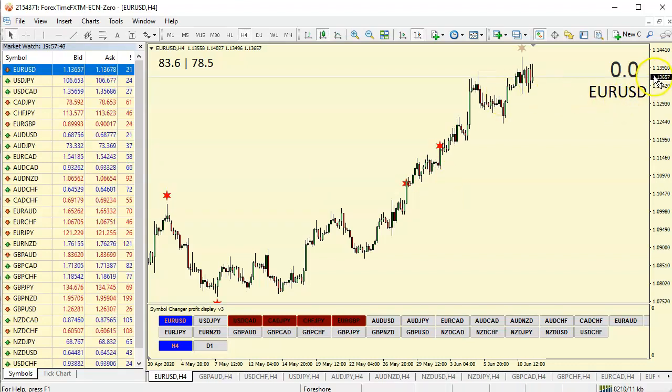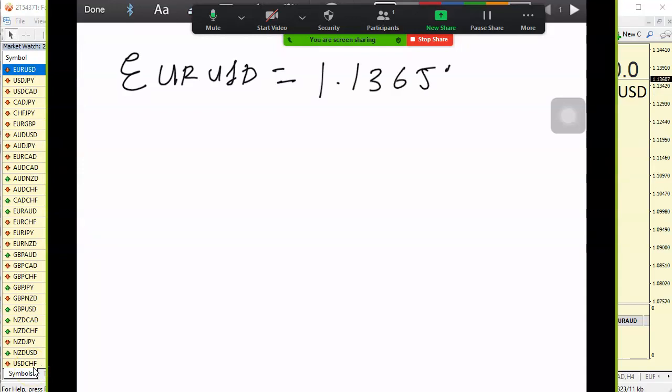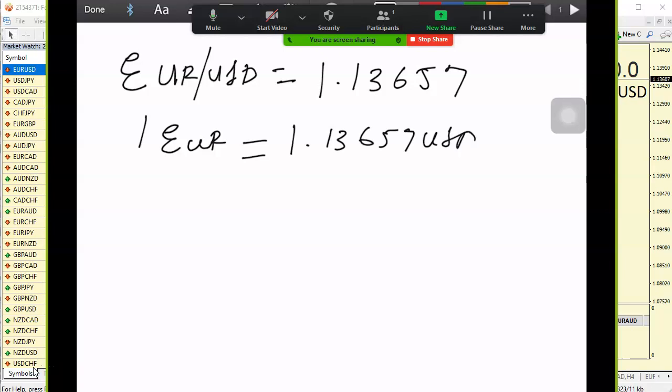The current exchange rate is 1.13657, which simply means that at any point in time, 1 euro equals 1.13657 dollars.